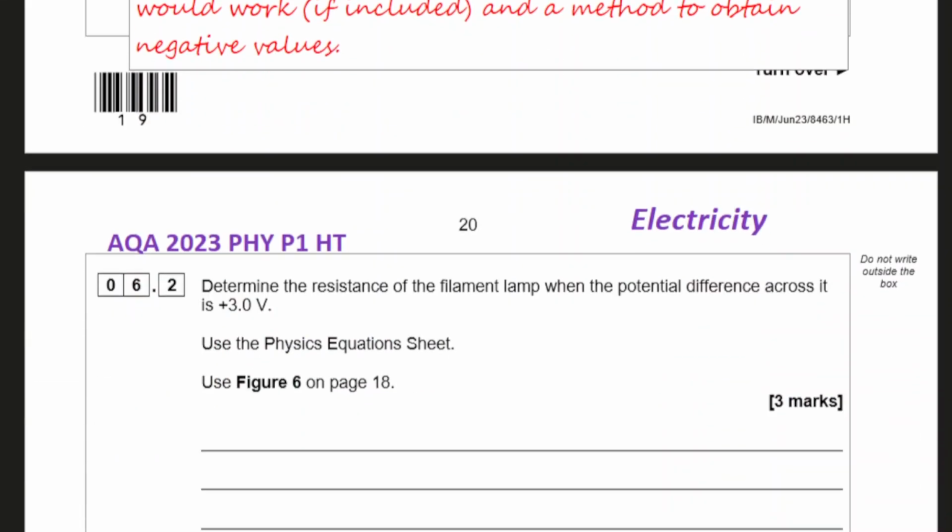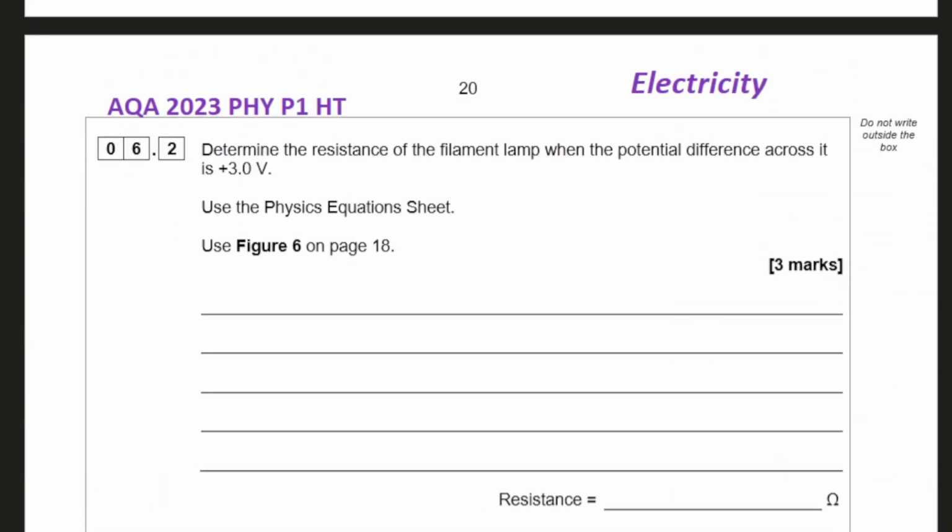Question 6.2. Determine the resistance of the filament lamp, which is capital R, when the potential difference, which is V, across it is +3 volts. Use the physics equation sheet. Use figure 6.